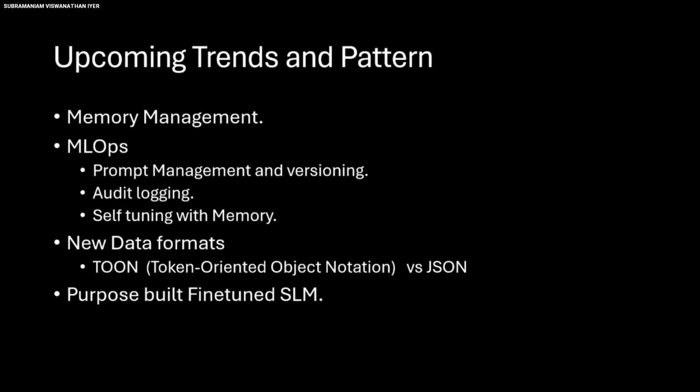There are new data formats that are being iterated. I don't know how many of you have heard of TOON, token oriented object notation. It is adapted from JSON to make your prompts more token efficient, bringing down your token utilization for many prompts by up to maybe 45%, which makes a big impact as you start scaling up.